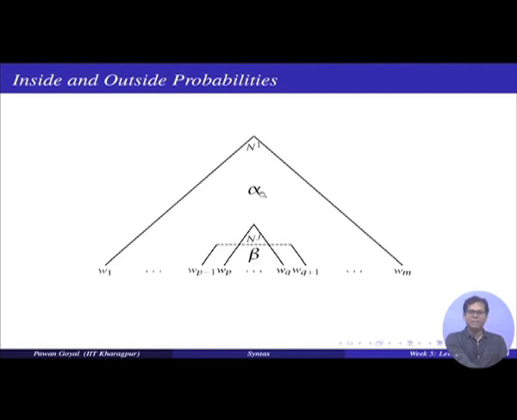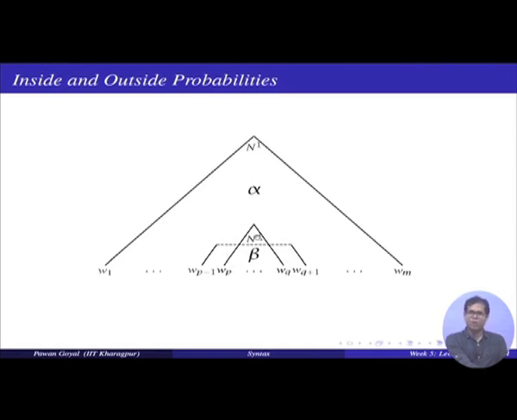So what are inside outside probabilities? Again, it is parameterized for a certain node of my tree. What do you see in this figure? I have a sentence with words W1 to Wm. And N1 is the non-terminal, you can think of it as the sentence non-terminal that derives the whole sequence of words using my grammar. Now I am putting a parameter here, that is Nj.